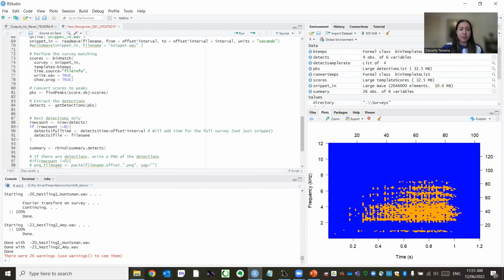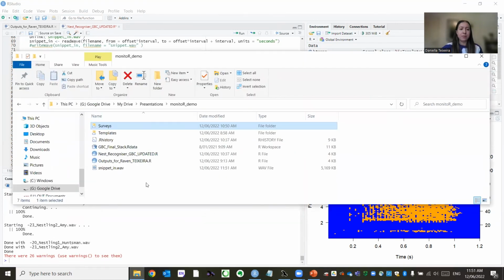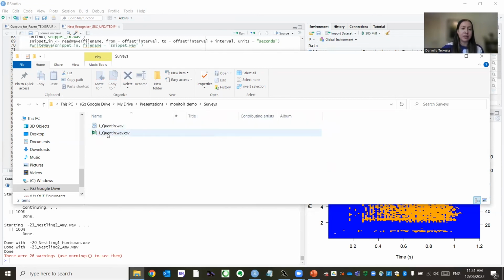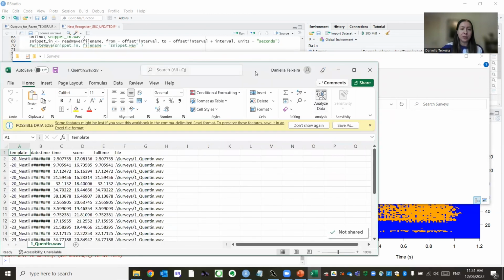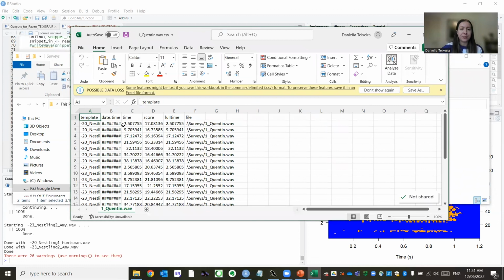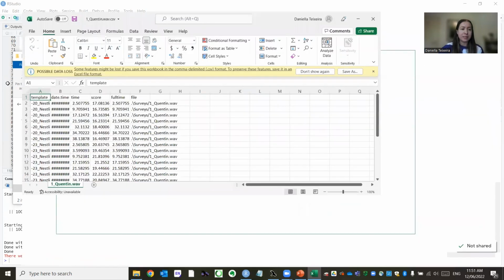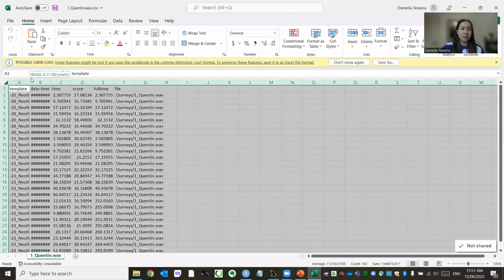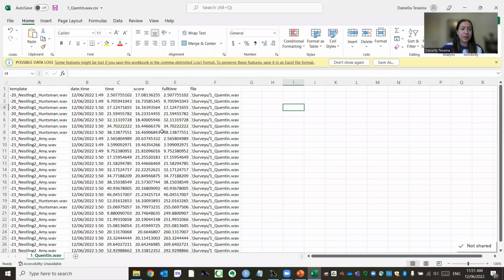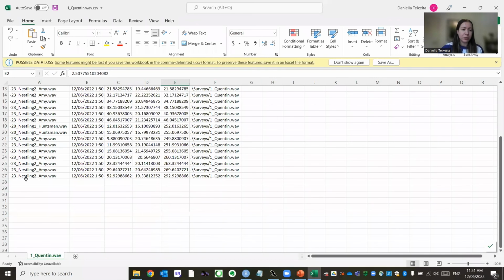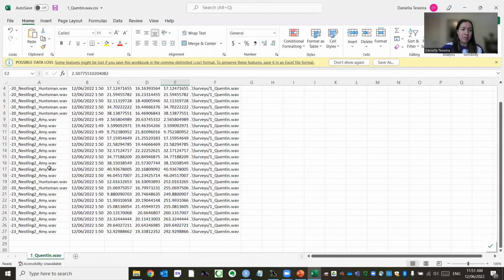So now if I go over to the folder where I had everything stored, so I'll go to the surveys, you can see there that it's created the CSV output file. So this is what it looks like. It's basically got the template that the detection came from. So let's open that. It's got the score, so the similarity score, and the time at which that detection happens. So here we've got 26 detections.